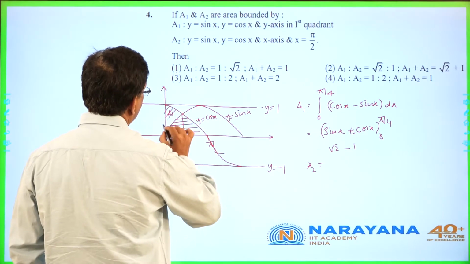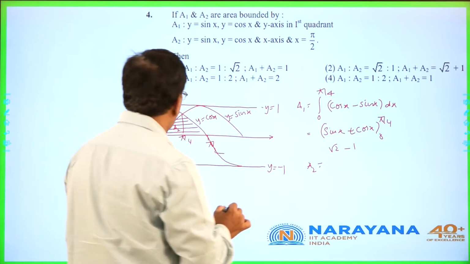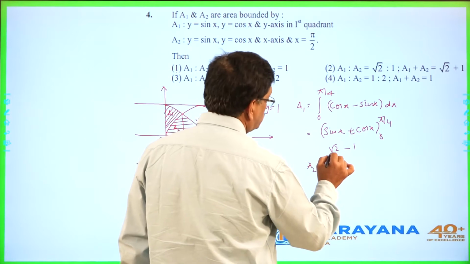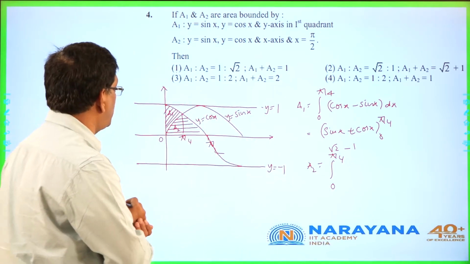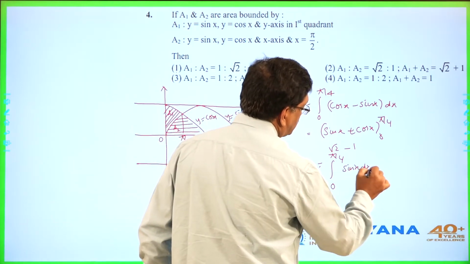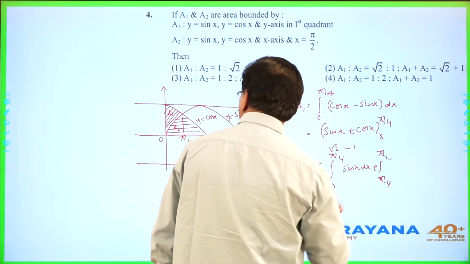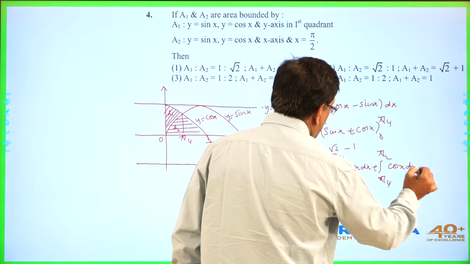And this is A1. Okay, so what is A2? From 0 to pi by 4, it follows the sin x rule: sin x dx, plus from pi by 4 to pi by 2, it is following cos x dx.